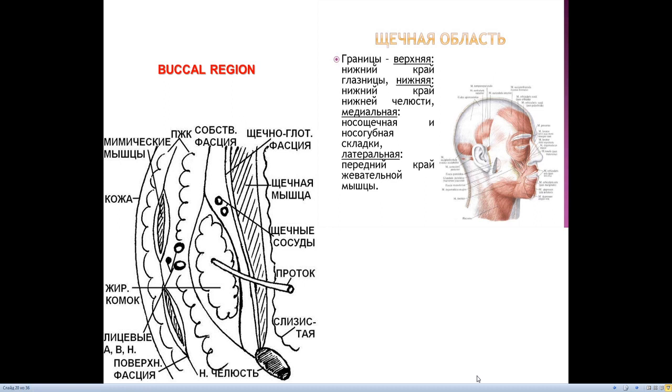It communicates with the cavity of the orbit. And third, pterygopalatine. It communicates with the pterygopalatine fossa.